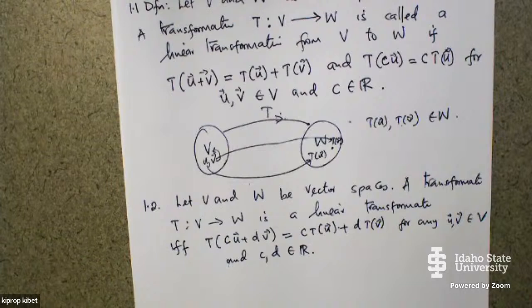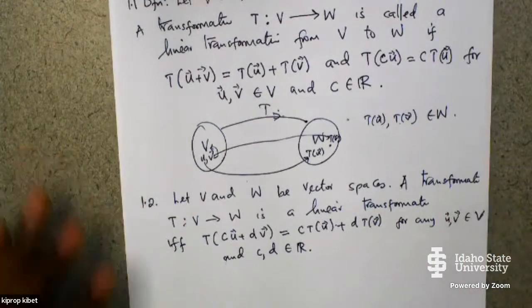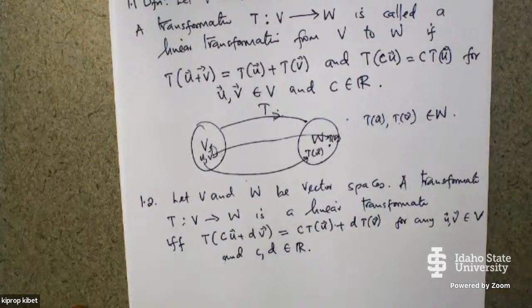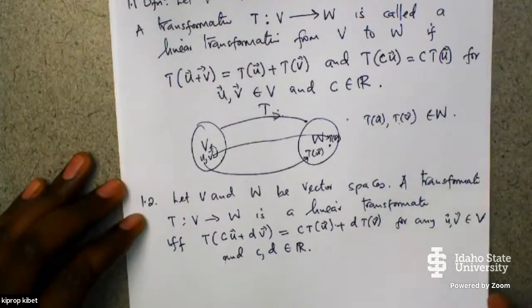So you can still do other vectors. We proved this previously. Okay, let's look at the first example in this section. Example number 1.